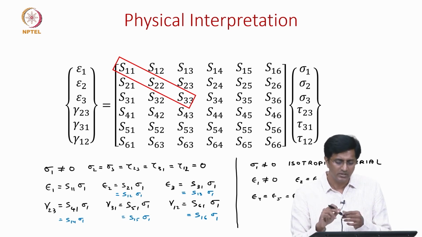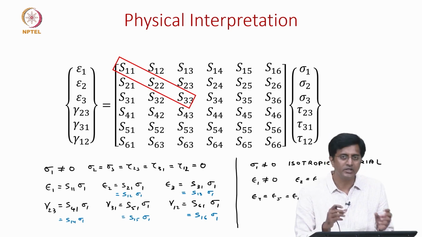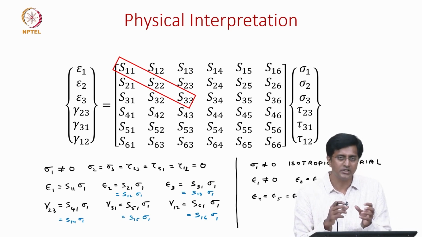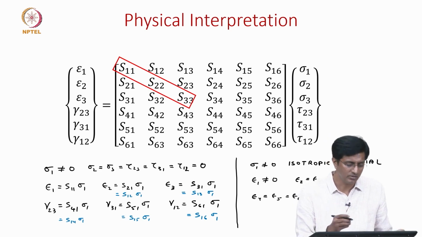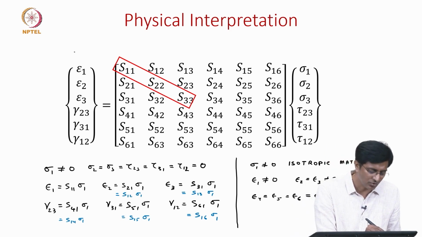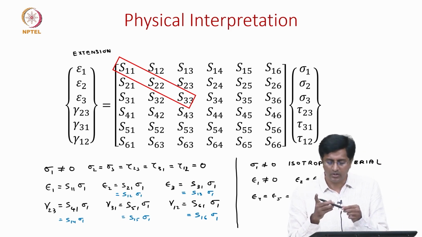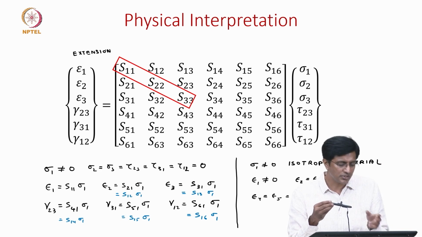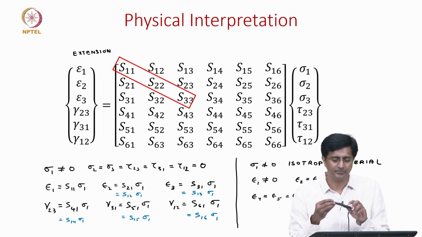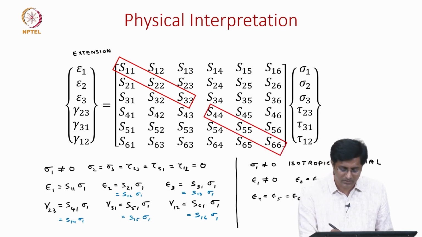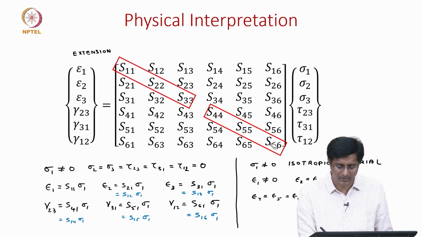So, these bring the corresponding strains in the same direction as the loading. We call these extension components, because the loading direction as well as the strain we are looking at are both the same.